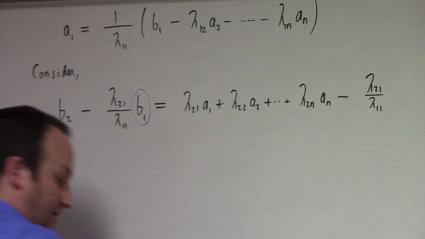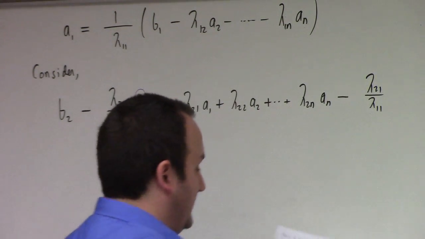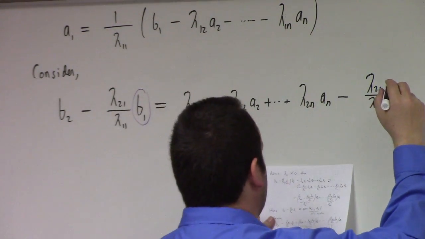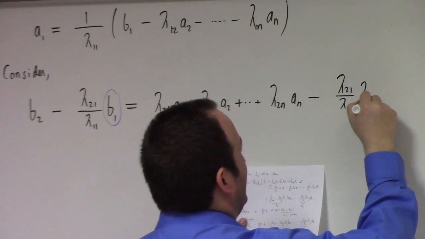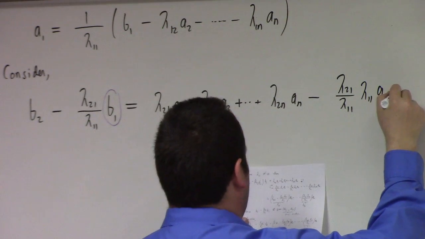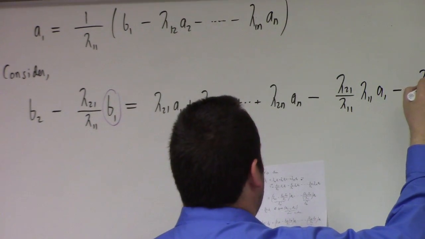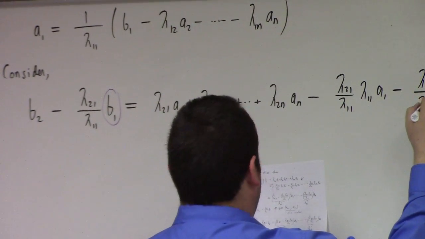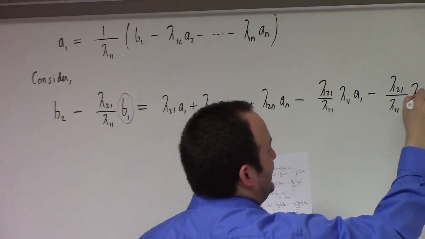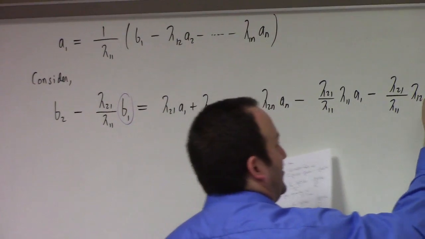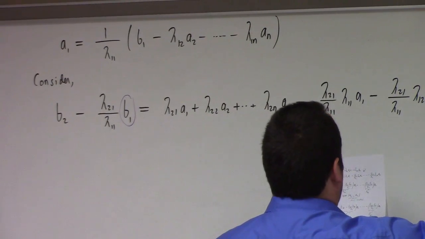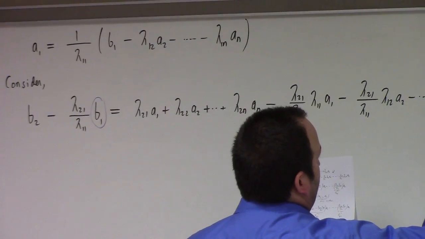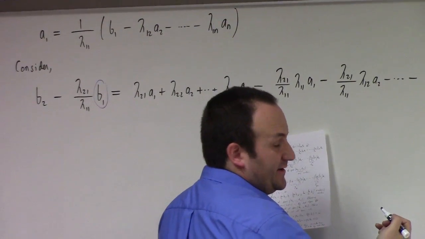That's all I'm doing. That gives you lambda 2 over lambda 1 times lambda 1 a1, minus lambda 2 over lambda 1 times lambda 1,2 a2, minus, minus lambda 2 over lambda 1. If we're dividing by it, it's lambda 1. That much is sure.